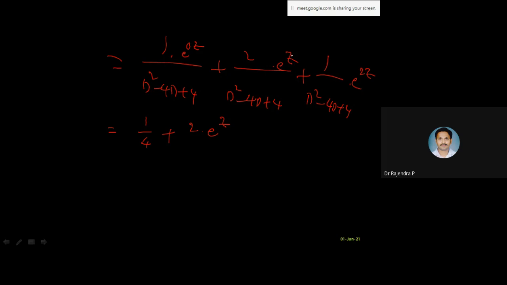Substituting the coefficient of z, that is 1, in this polynomial gives 4 plus 4 minus 8, so that will be 0. I can supply z to the numerator and differentiate the denominator: 2D minus 4, into e power z. So of course this will be as it is, 1 by 4 plus 2 e power z.